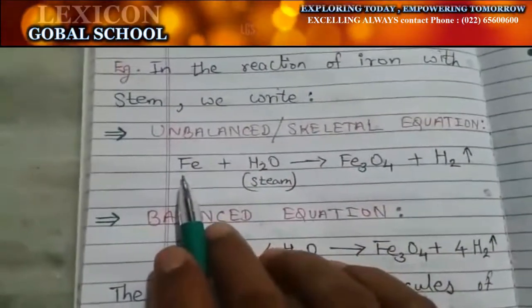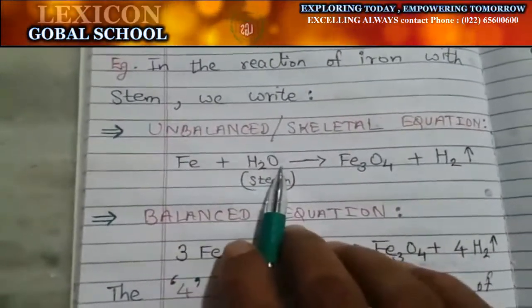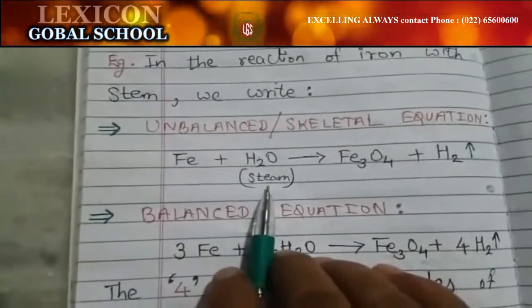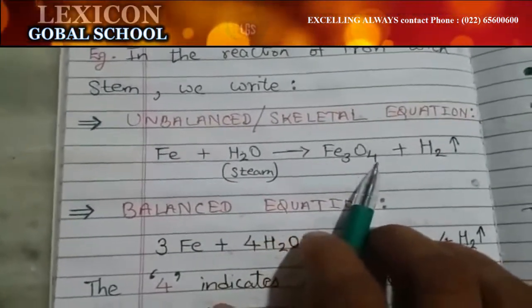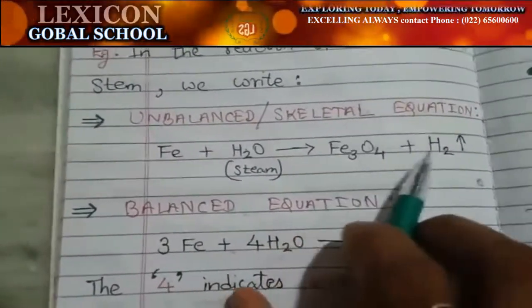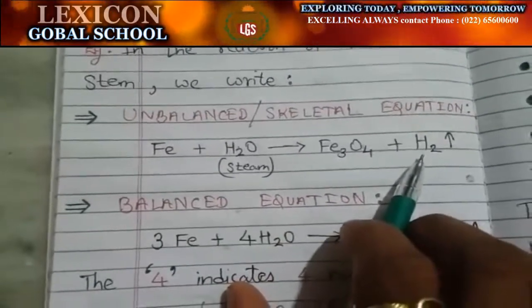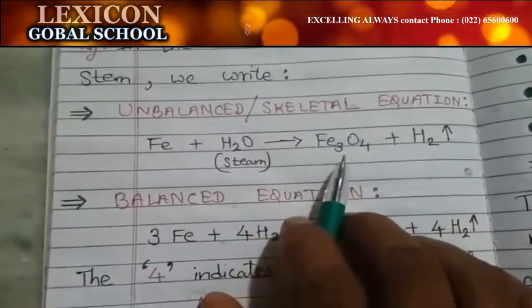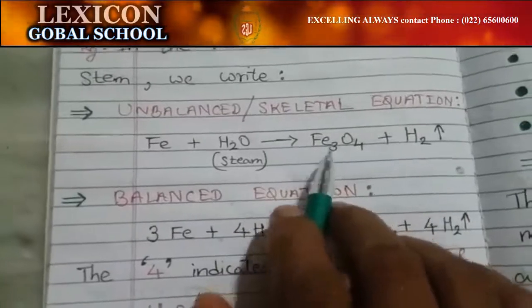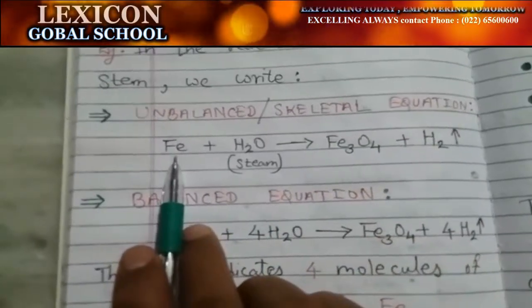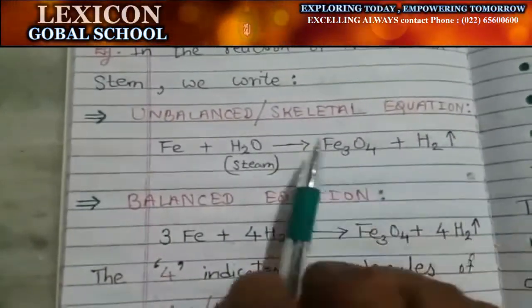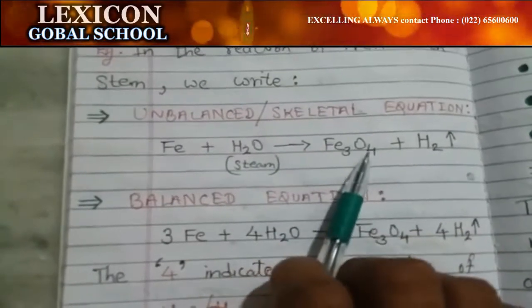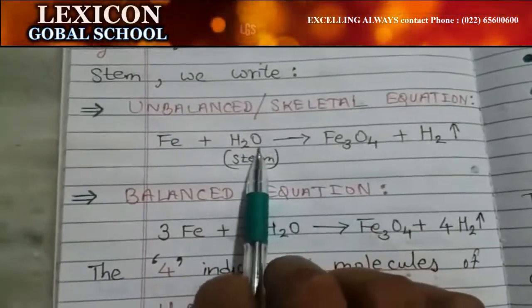You can see here iron, Fe, and H2O, that means water in the form of steam, gives you Fe3O4, that is ferroso-ferric oxide, plus hydrogen gas. Now you can see here Fe is 3, that means iron is 3, but here iron is only 1, right? Hydrogen is 2 here, and here also hydrogen is 2, but oxygen here is 4 and here is only 1.